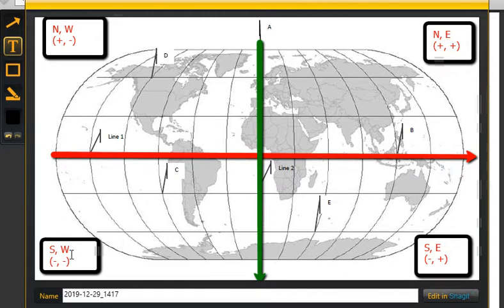Okay, so once I know what the lines mean, then I could identify this C location as 30 degrees in the southern hemisphere and 90 degrees in the western hemisphere.